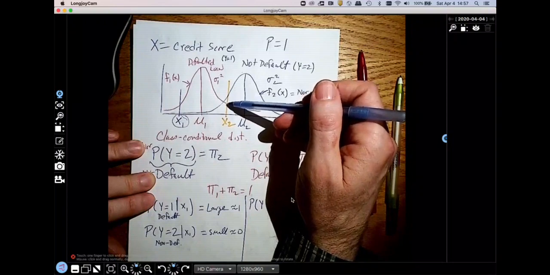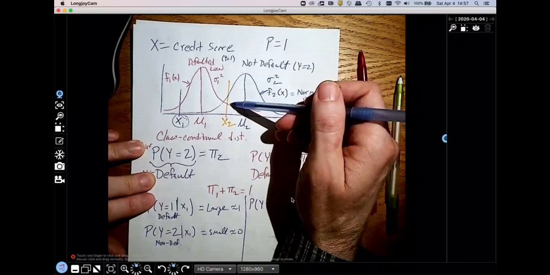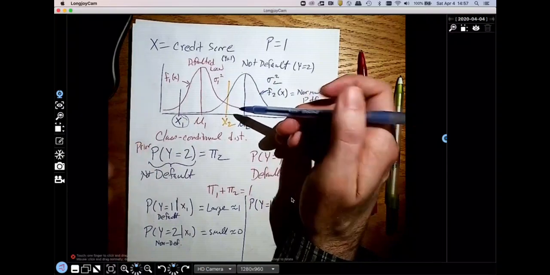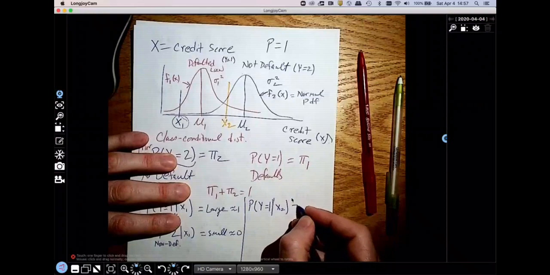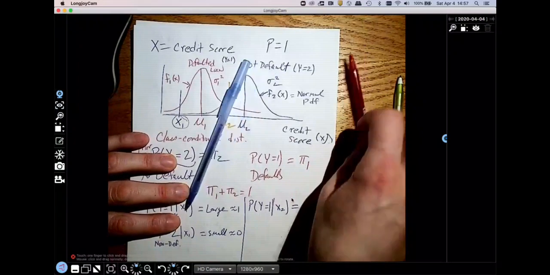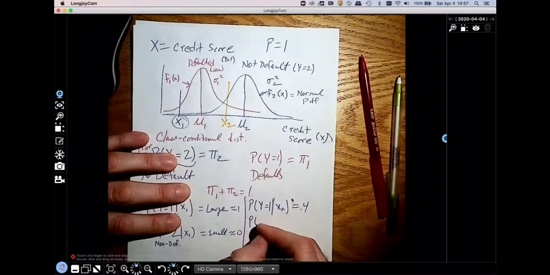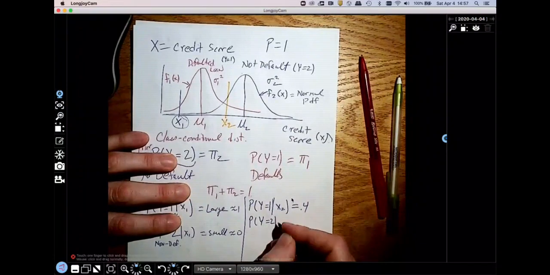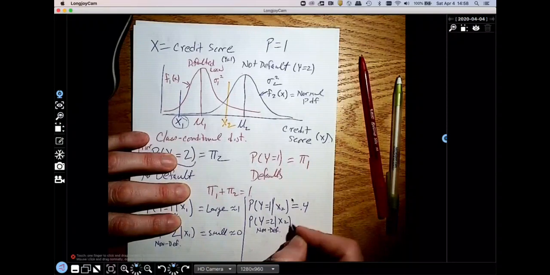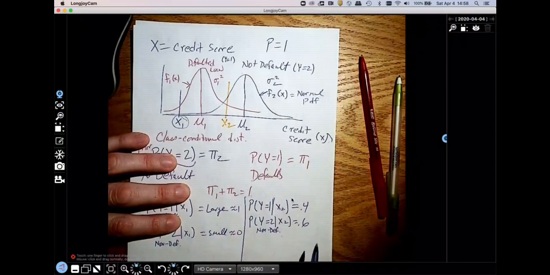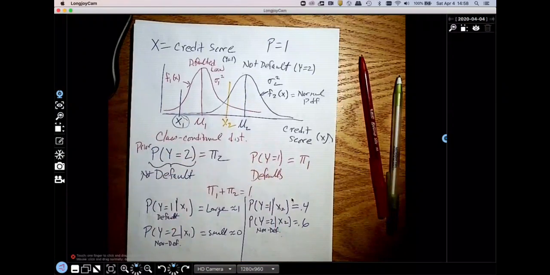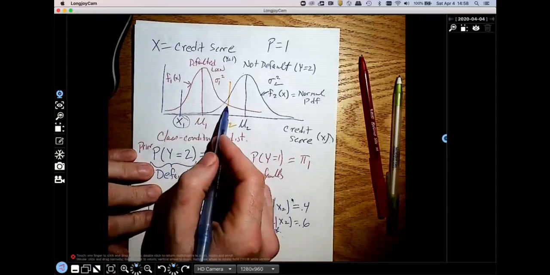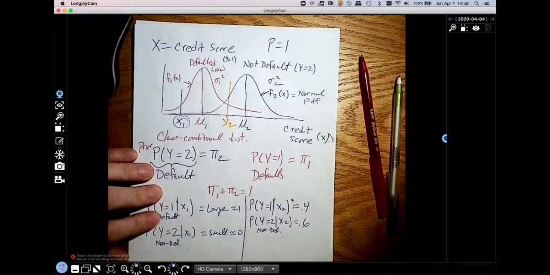So I'm slightly more likely to have come from this blue distribution than the red distribution, but there's a substantial probability that I came from that red distribution. So I'm just going to say maybe that's 0.4, whereas the probability that y is equal to 2 given x2, so this is the non-default, might be 0.6. So this is saying I'm slightly more likely to be in this blue distribution than the red distribution, but you better worry a bit because there's a substantial probability I'm going to default.